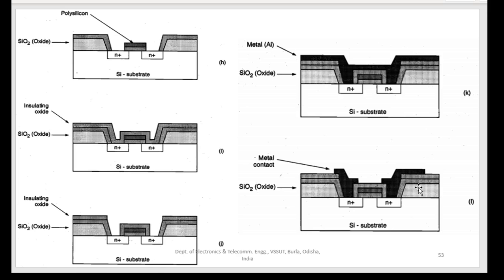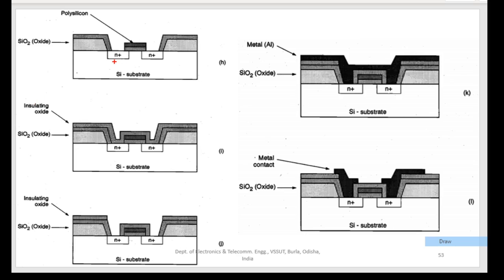Okay, now after obtaining that pattern, the next step is to form the regions for source and drain. By which process? It can be formed by using ion implantation, right, or the diffusion process. Fine, if you remember.